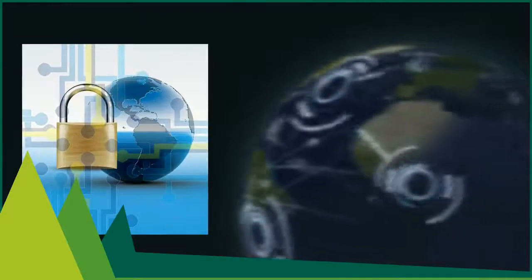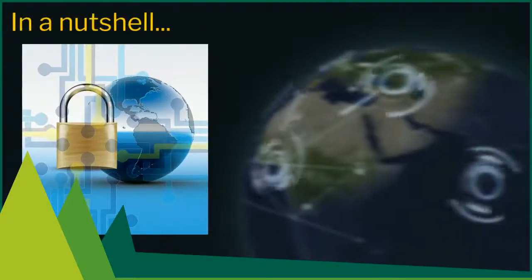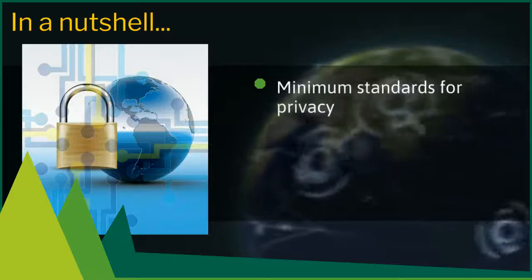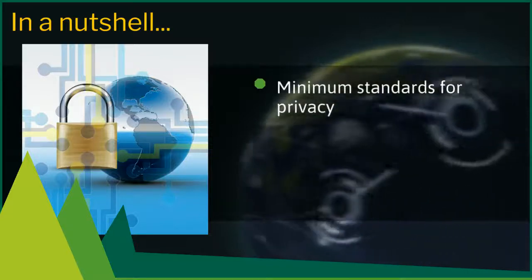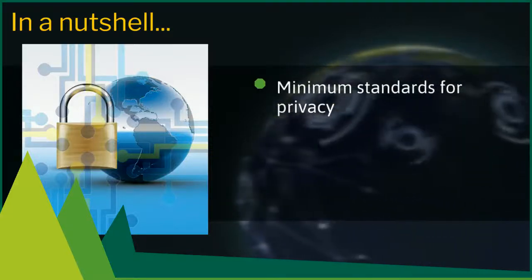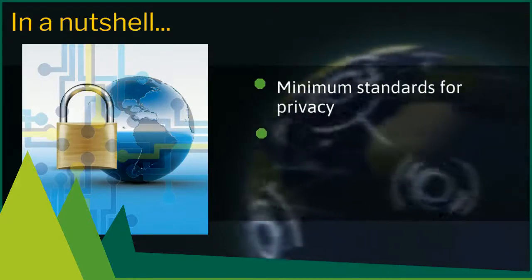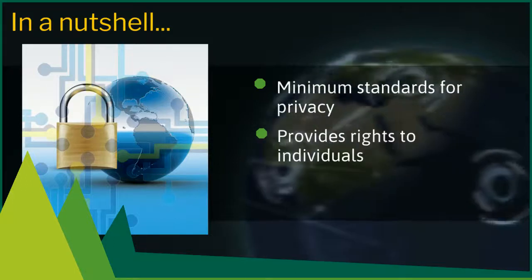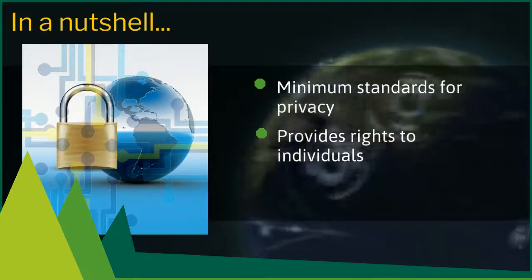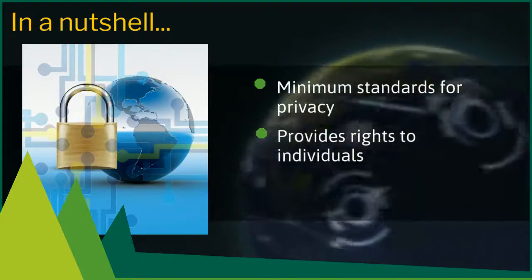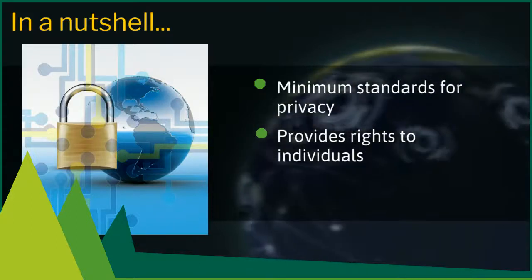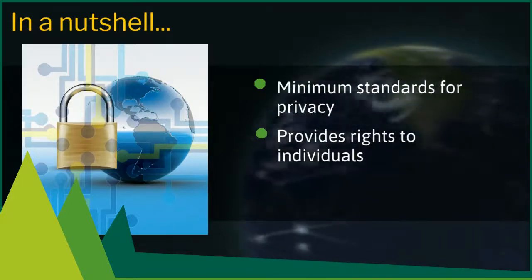Otherwise, let's begin. In a nutshell, the privacy rule establishes minimum federal standards for protecting the privacy of individually identifiable health information. It provides certain rights to individuals, including rights to access and amend their health information, and to obtain a record of when and why their PHI has been shared with others for certain purposes.